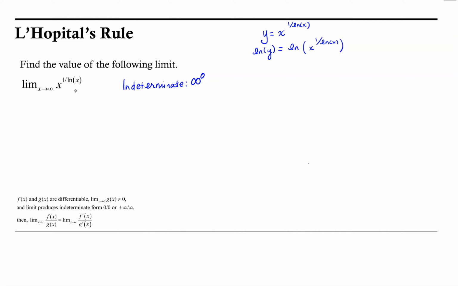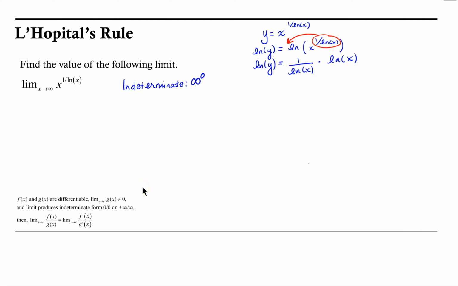Now, using properties of exponents, this exponent of 1 over natural log of x can become a factor. So we could have the natural log of y is equal to 1 over the natural log of x times the natural log of x.